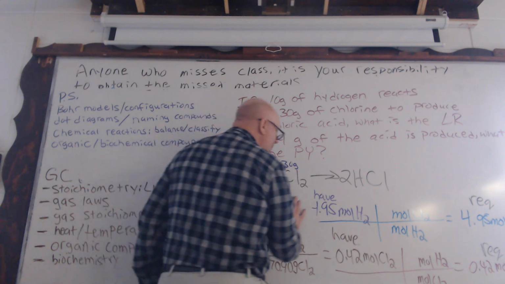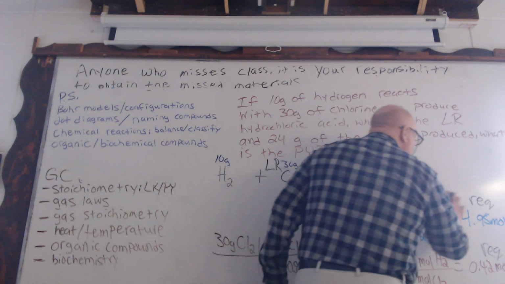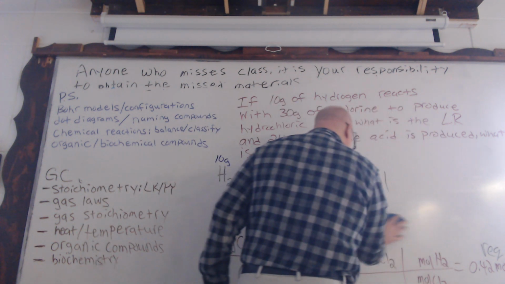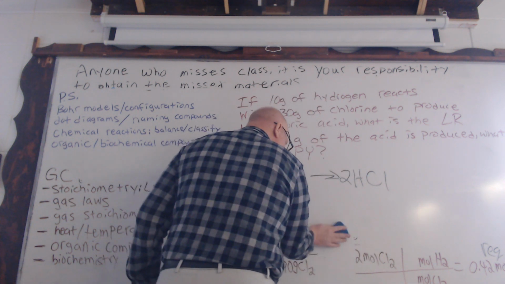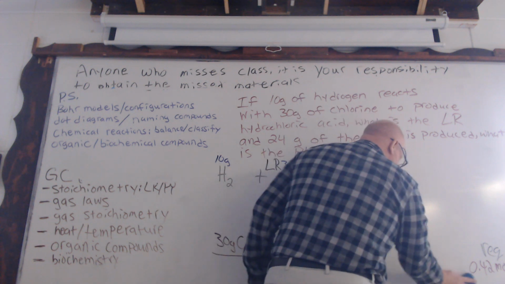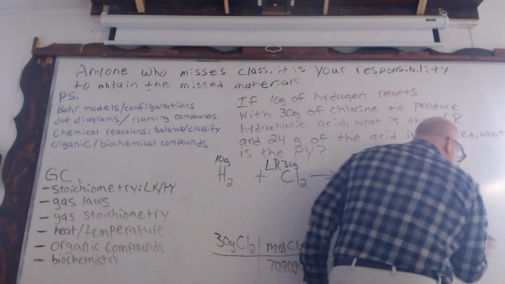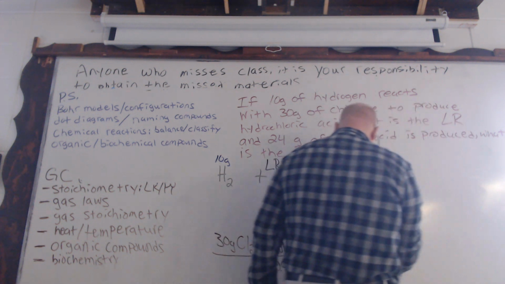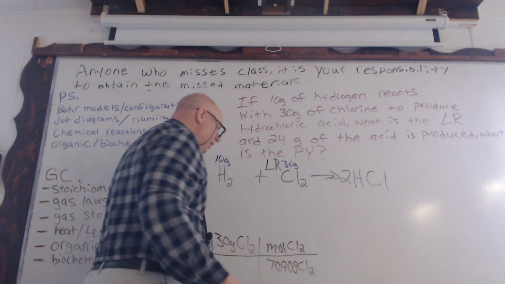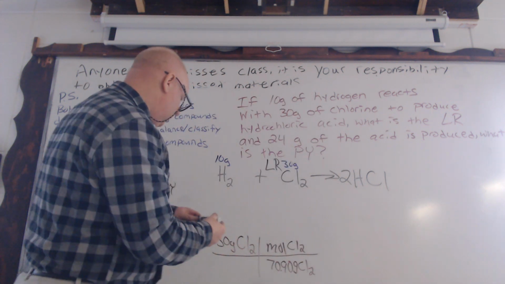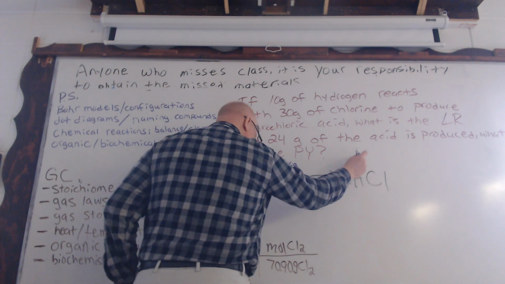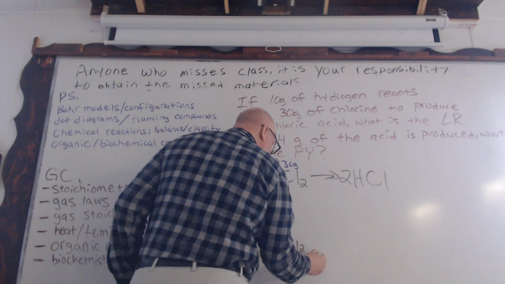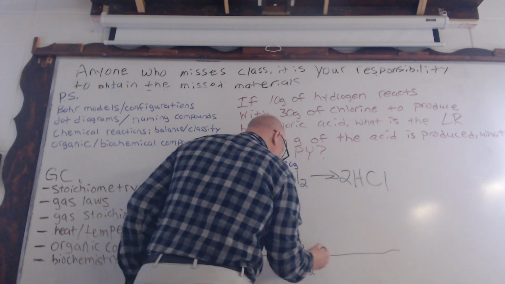Okay? And then we can get rid of all of this. Because again, we have established our limiting reactant, and we need to convert that grams of chlorine to grams of what now? Hydrochloric acid. Okay?